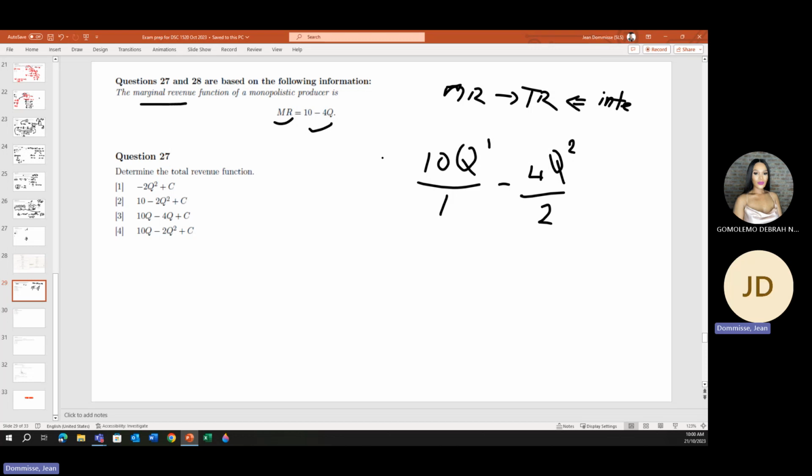And then remember, there might have been a constant that has disappeared. So just for security, we will add the c, and you can see in all of the answers as well, there was a c.